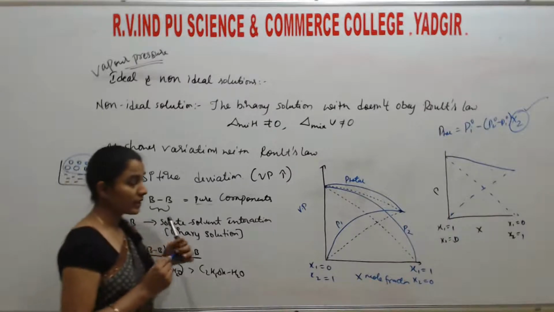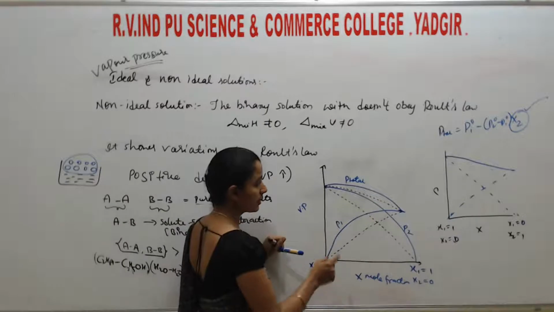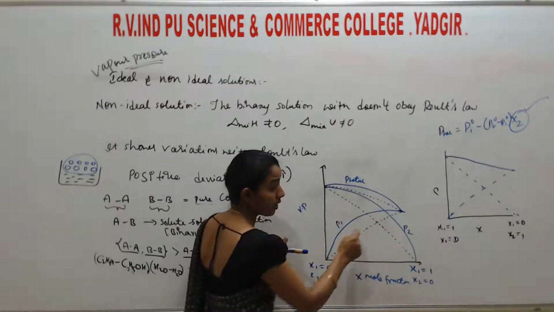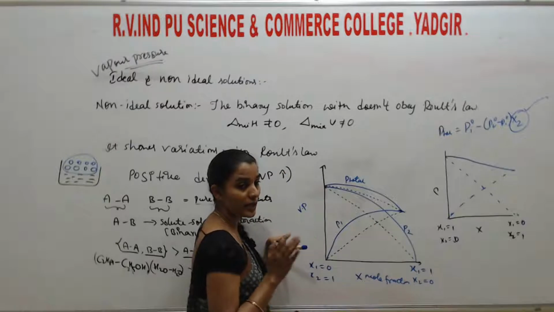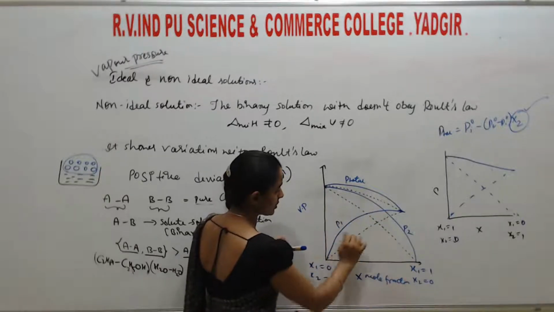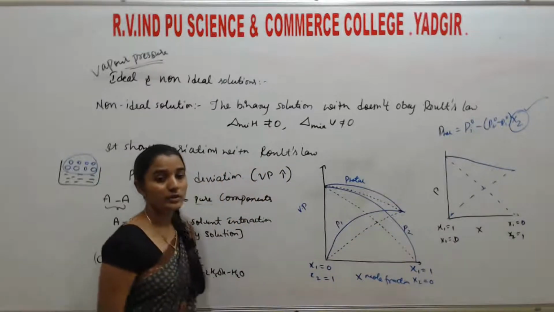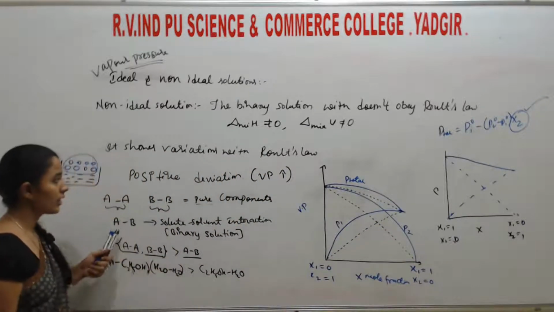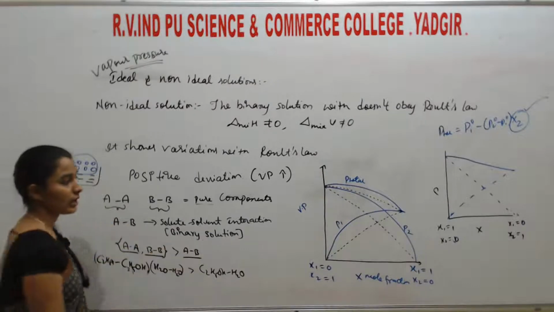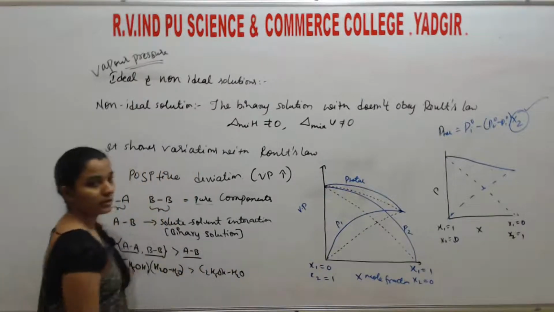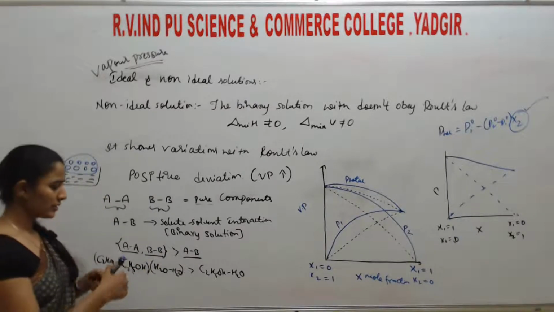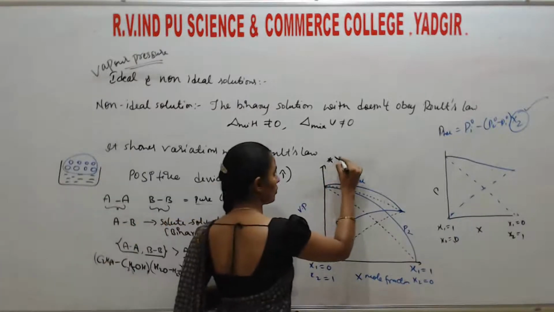Okay, so that's why, if the vapor pressure increases, then with respect to Raoult's law we expect this graph, the black dotted graph, that is the expected graph. But we got this positive deviation from Raoult's law. So the non-ideal solution shows positive deviation from Raoult's law. This is the general representation of the graph which shows positive deviation, and this is very important for 2 mark questions.